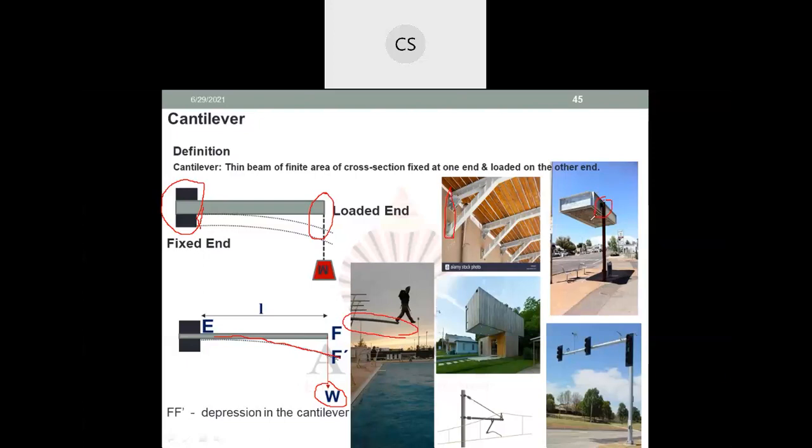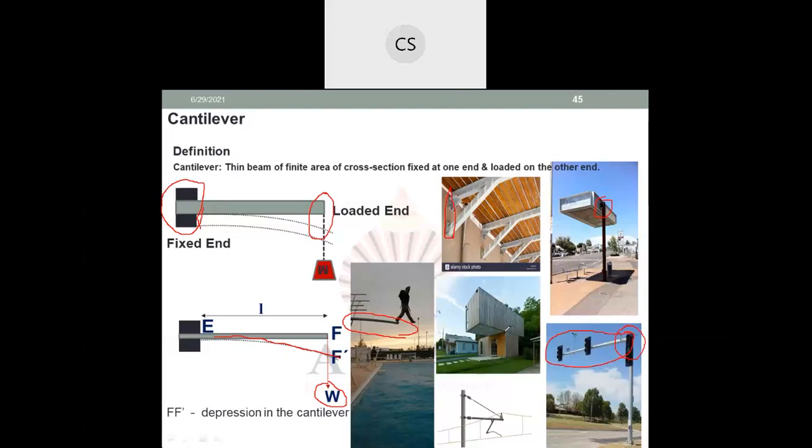You can see here at the bottom. The figure may not be clear, but you have seen this type of structure, which is connected with cantilevers. Similarly, you can see in the signal light, this is a cantilever, this end is fixed and this is the loading end.